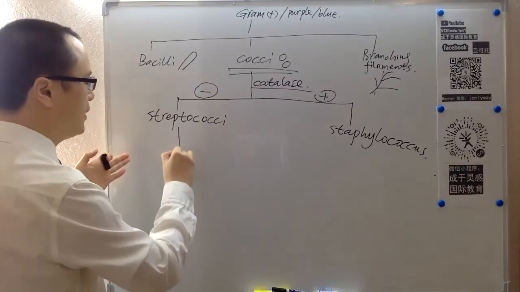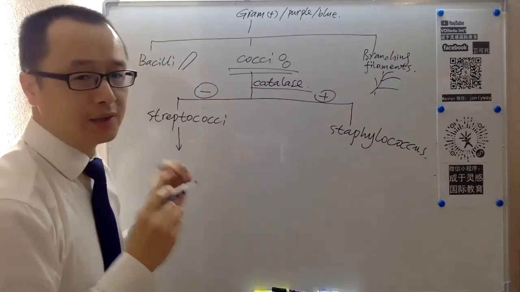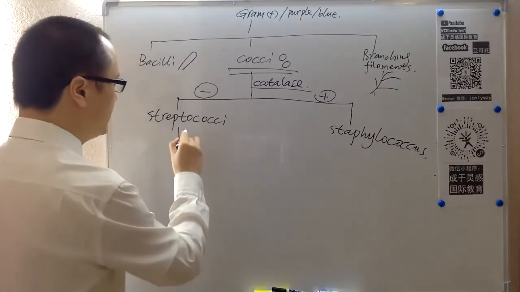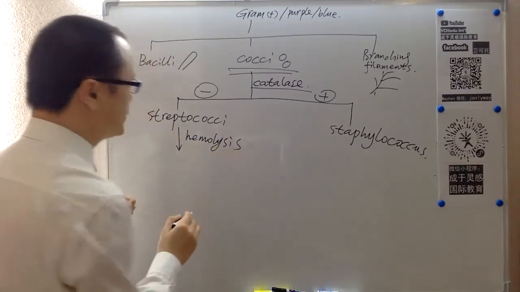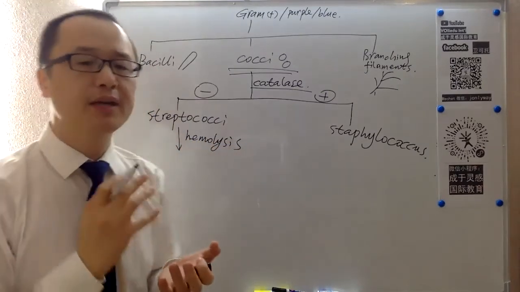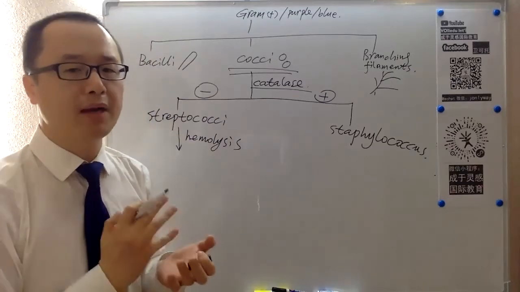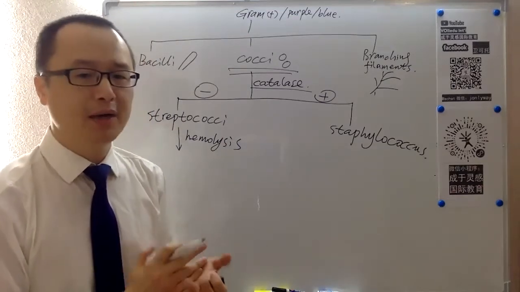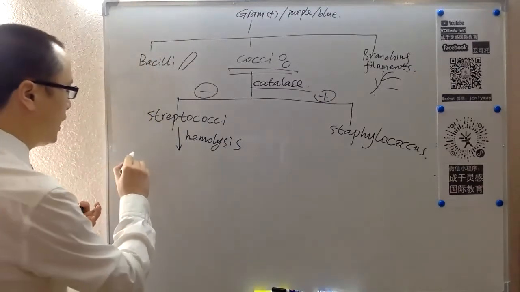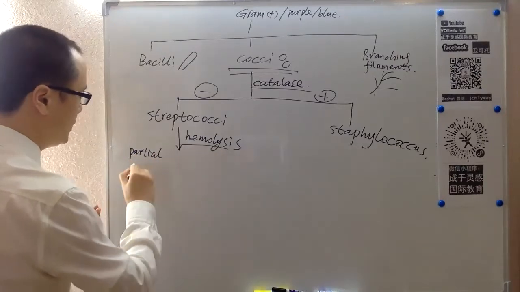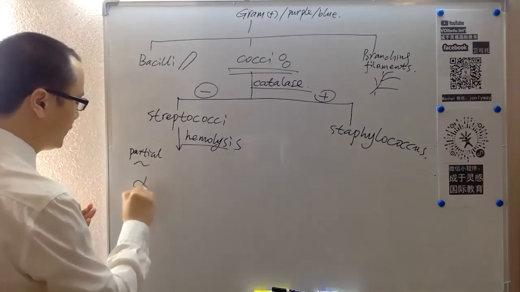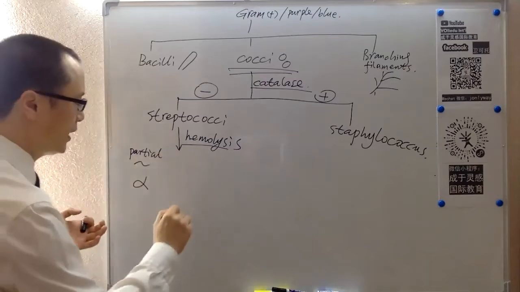Streptococcus can be further categorized by the reaction called hemolysis. There are three kinds of hemolysis. If it is partial hemolysis, it is called alpha streptococci.